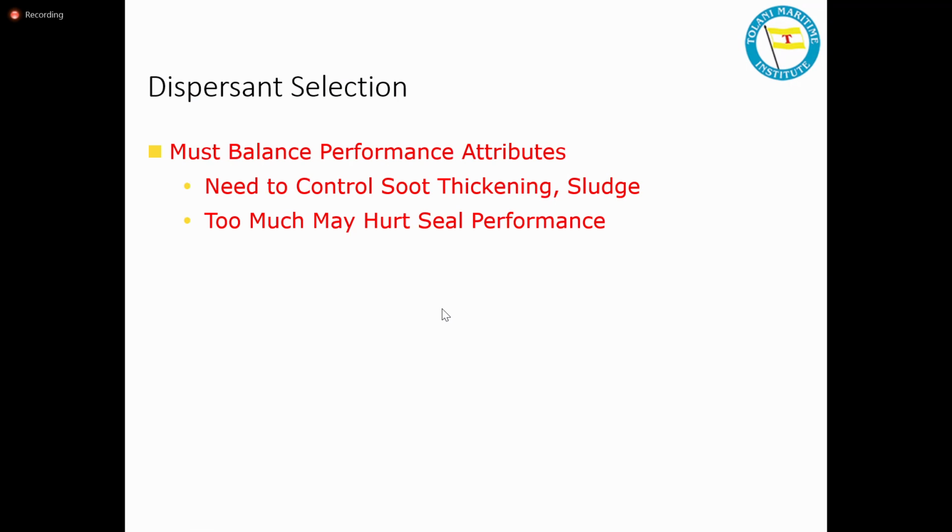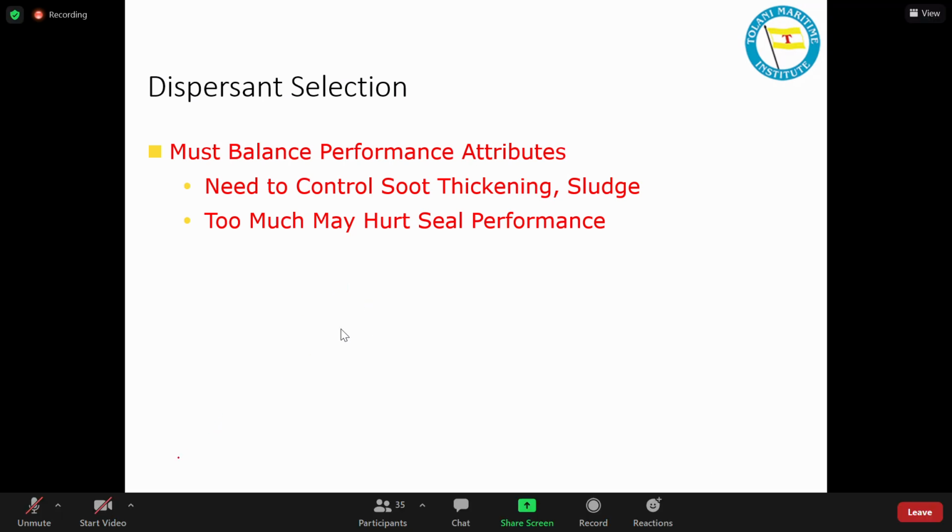So we need to control soot thickening and sludge. Too much dispersant may affect the seal performance. What seal is it talking about? Any idea? Not exactly that one, because that seal depends on the viscosity and the viscosity index, and to some extent the flash point of the oil.